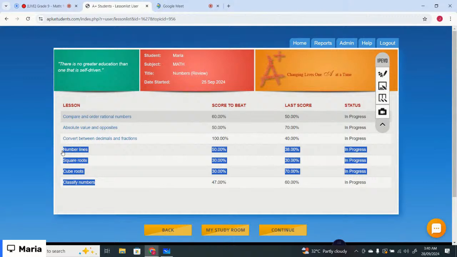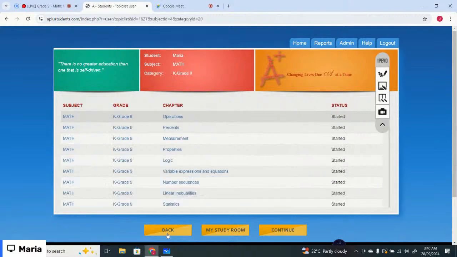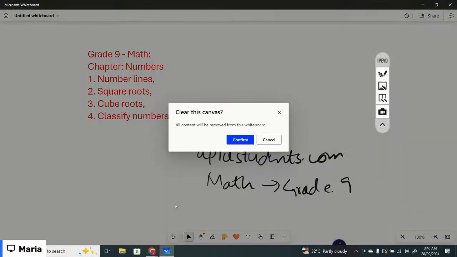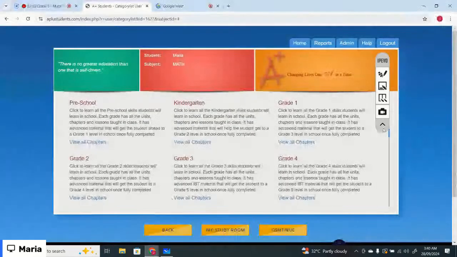Please make sure you have your notebook and pencil so that you can note down the important examples and definitions as well, right? If you need more help with any of the lessons, you can simply click on the live chat button. Tutors are available there to help you, right?